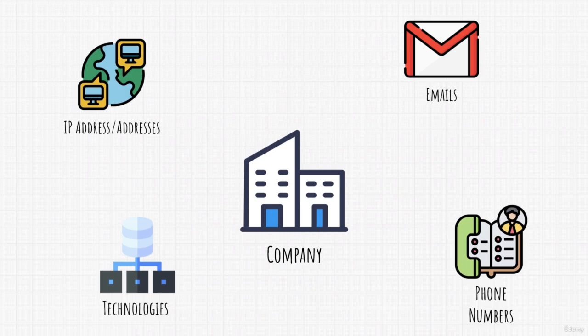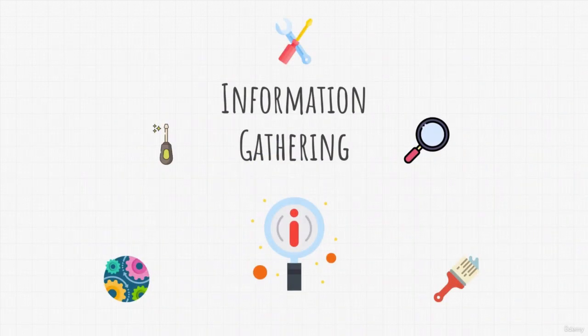Just one software on one machine that is outdated or that has a known vulnerability that could be exploited is our way in. So, now that we know what we're looking for during this first step, it is time we see what tools and programs we can use to find out as much information as possible about our target. Let's do it.